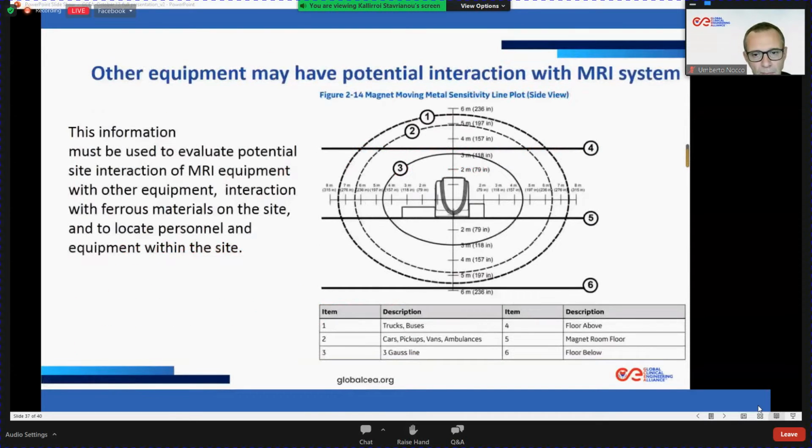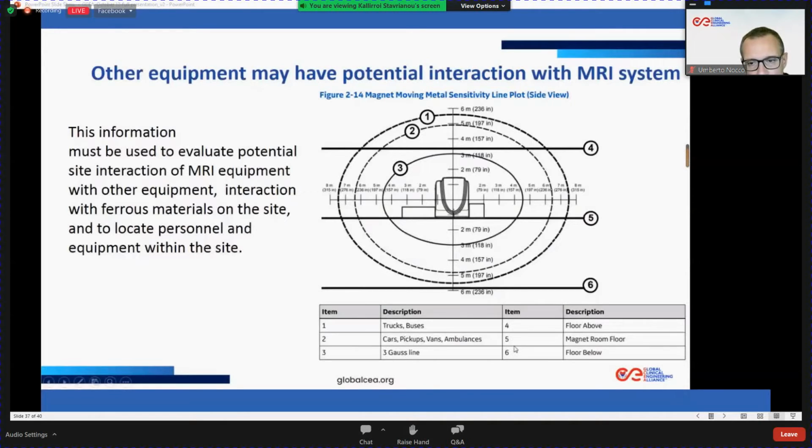So we should consider other equipment that may have a potential interaction with the MR system. Here is the magnetic moving metal sensitivity line plot. This information should be used to evaluate the potential site interaction with the MR equipment, such as trucks, buses, cars, and trains.